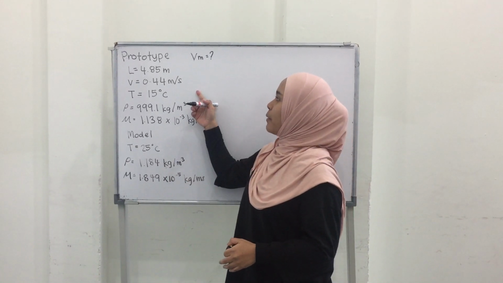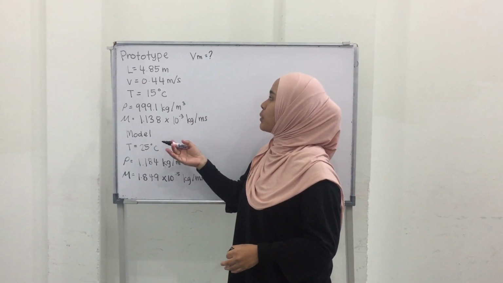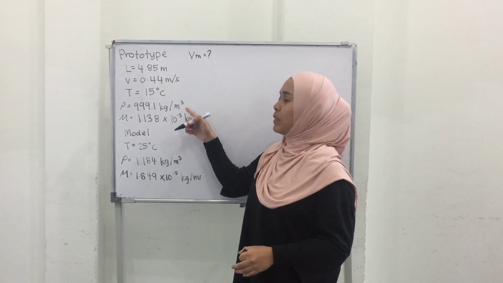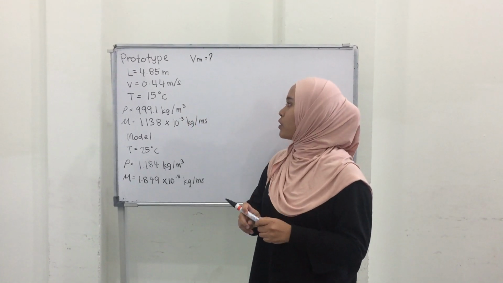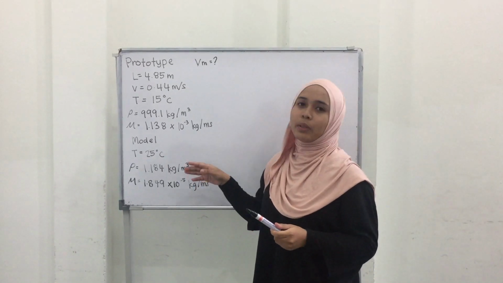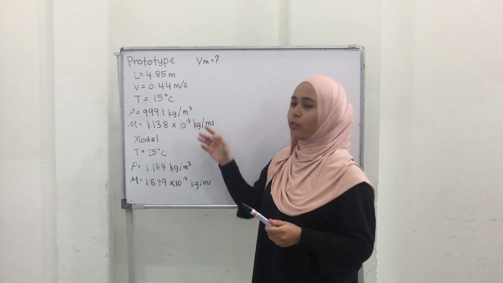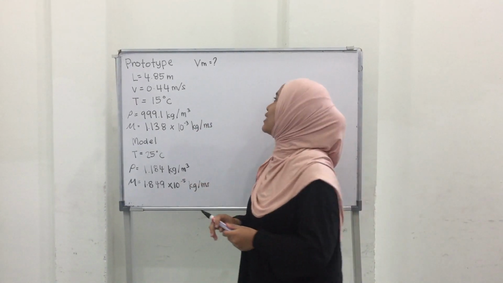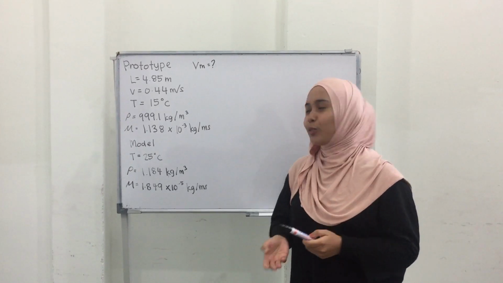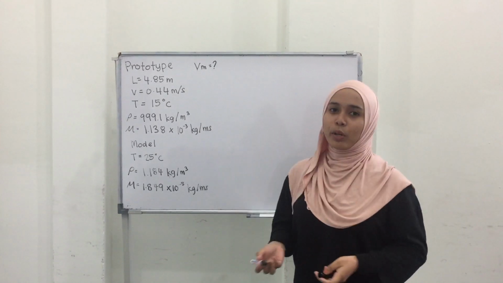And for the prototype, we get information about the length and also the velocity. At the same time, we have the temperature at 15 Celsius. So same, from the table we get mu and also density. So the question asks us to find the velocity of the model.